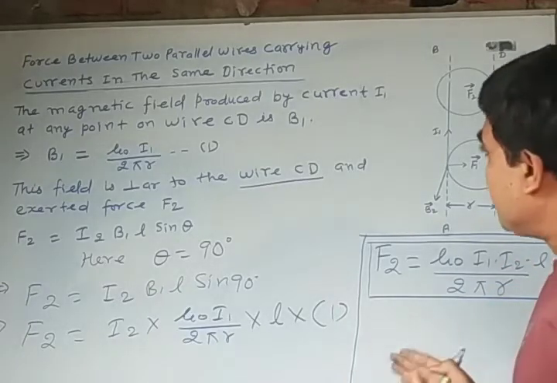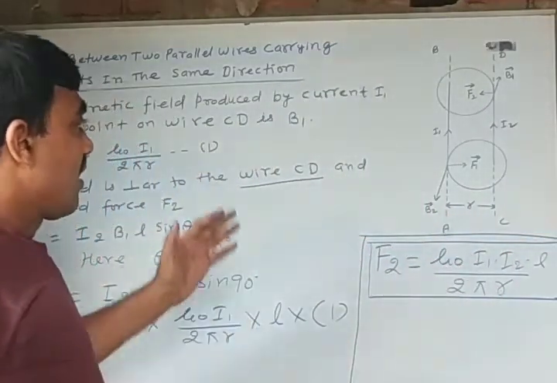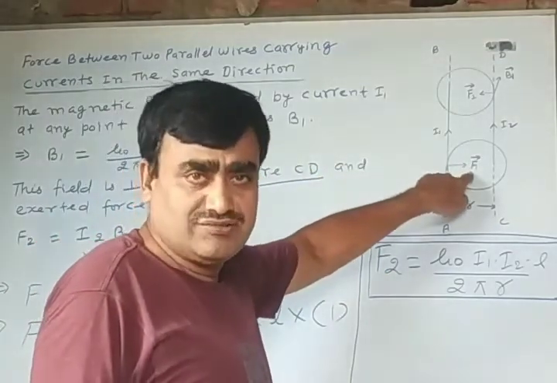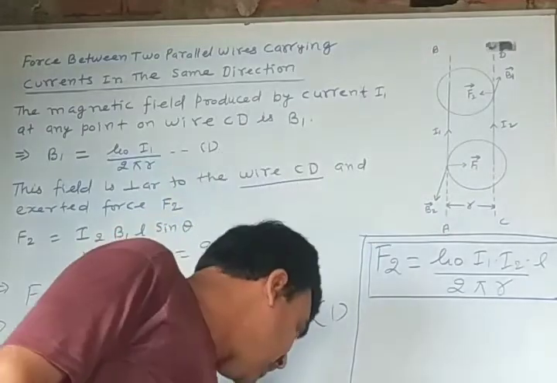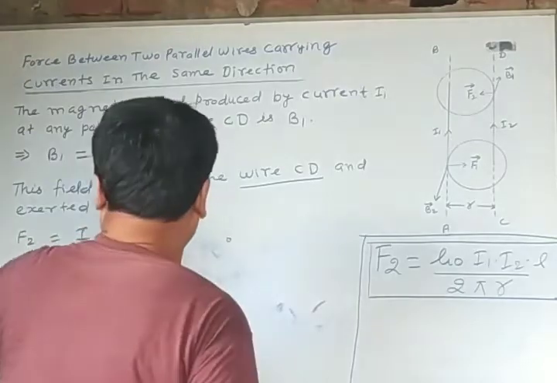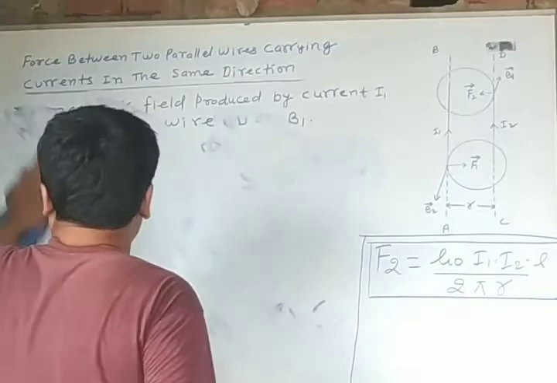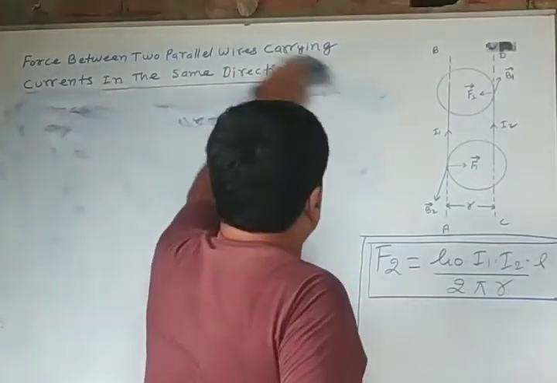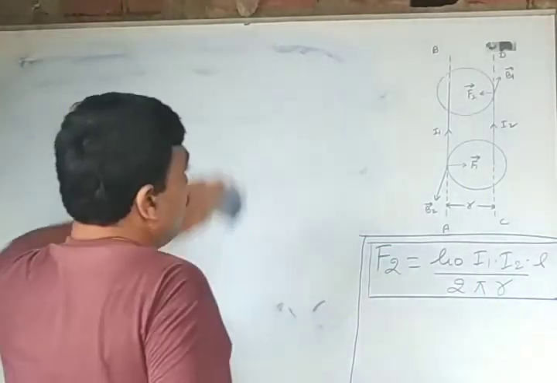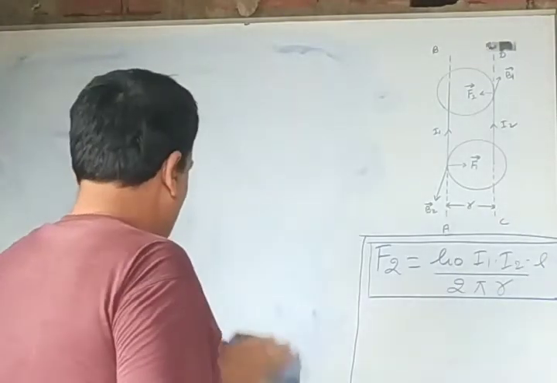Similarly, we can find the magnitude of F1. The magnetic field produced by the current I2 on wire AB is B2.